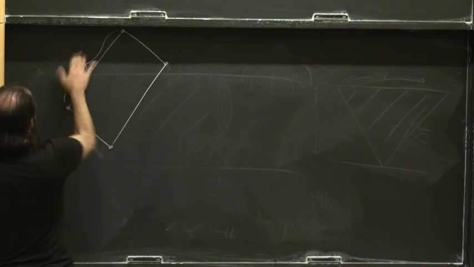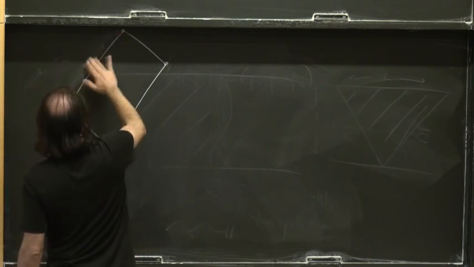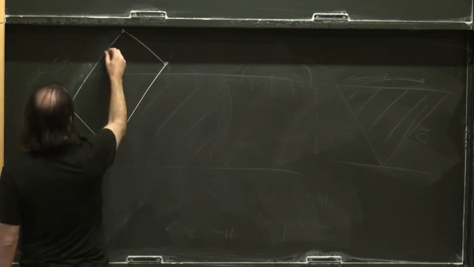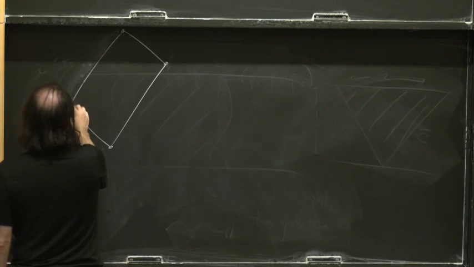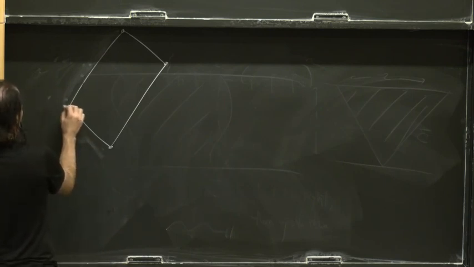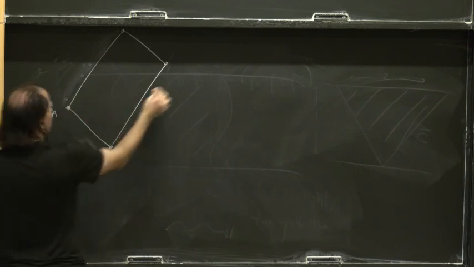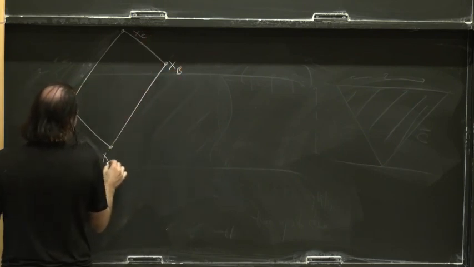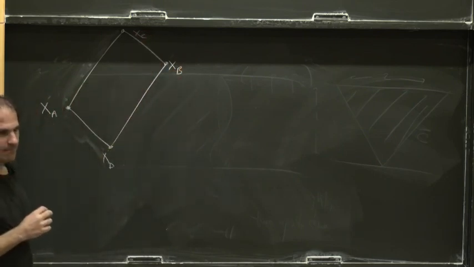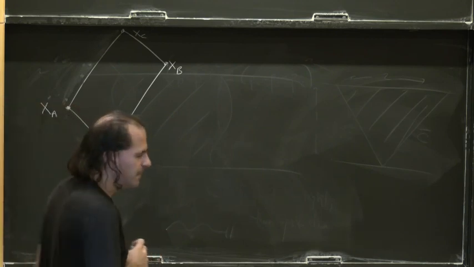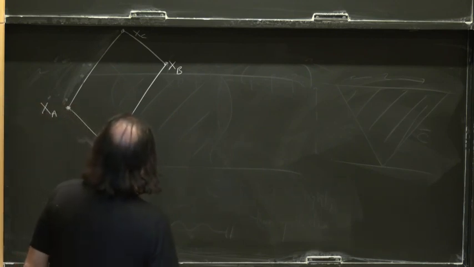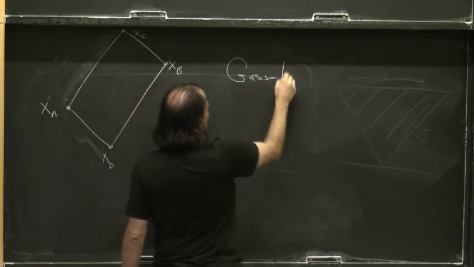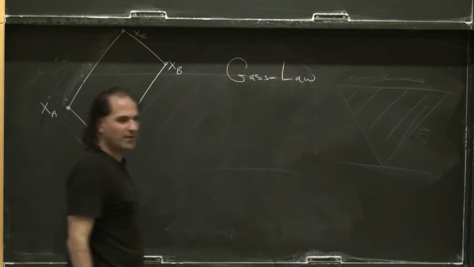And actually, let me give you the immediate general reason for this, which is just the following. Let's say that the value of X here is X at A, X at B, X at C, and X at D. Okay? Then there's a Gauss law associated with the wave equation.